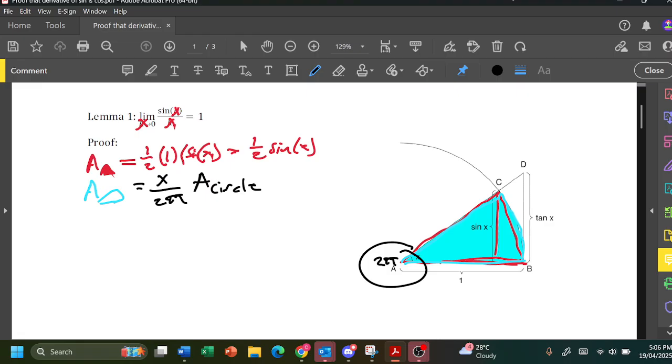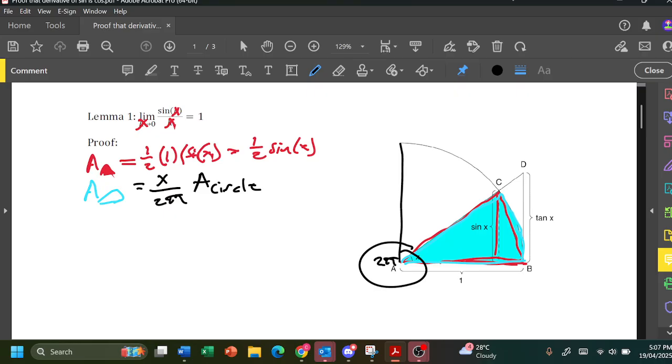Now, just to understand why that might be the case, if we were looking at the quarter circle, that would be pi on 2 radians, so 1/4 of the overall circle. So pi on 2 divided by 2 pi would be equal to 1/4. But in this case, we don't know what x is, so we have x over 2 pi, that fraction of the overall circle.